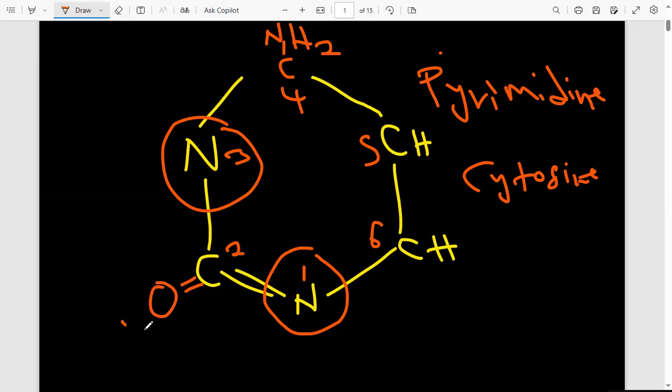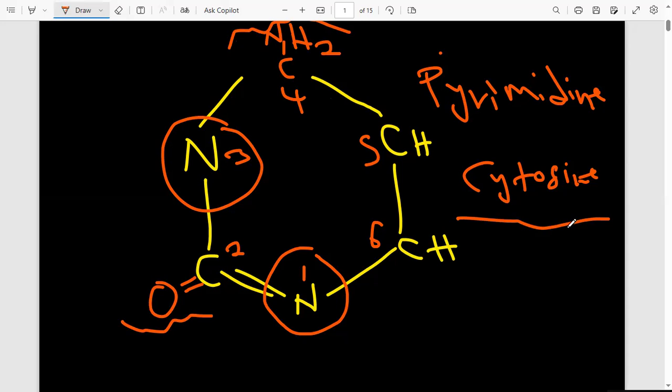But because you have added this substrate group here and this substrate group here, it will be called a cytosine. So when you change the orientation, you add other groups here. You can also form thymine, or you can form uracil.